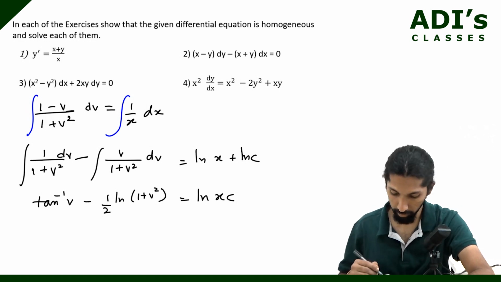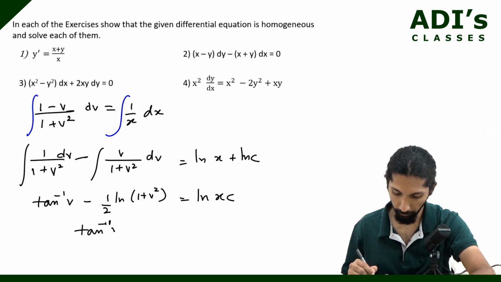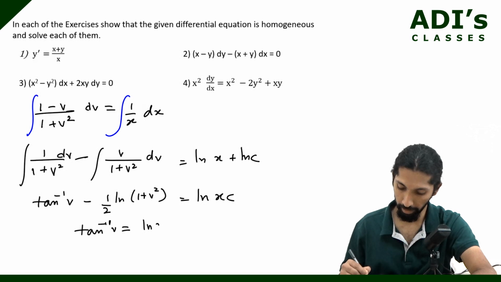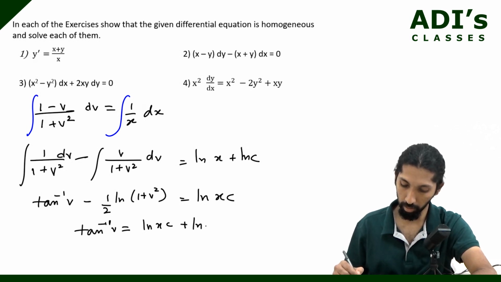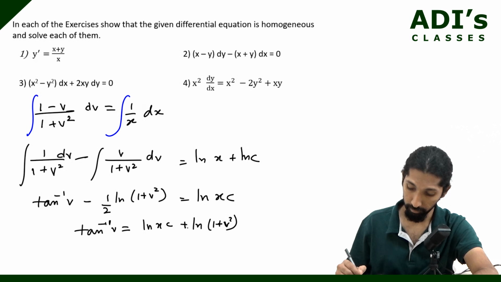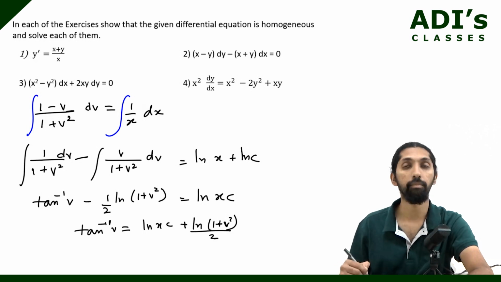If you do that, you'll get tan inverse of v is equal to log of x into c plus log of 1 plus v square into half, or divided by 2.